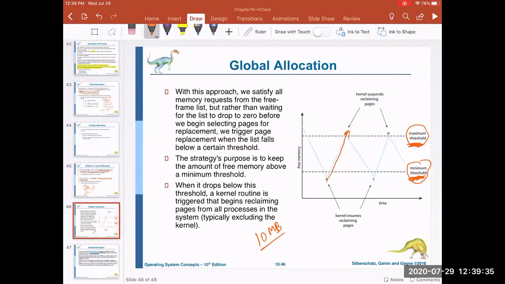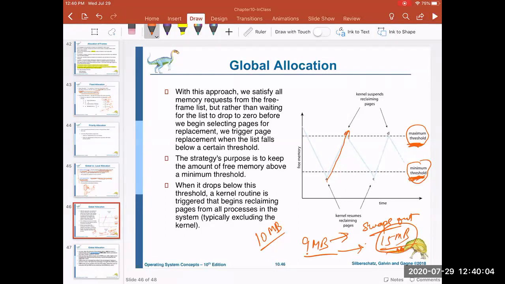My processes are running and the free space becomes 9 MB, so the kernel would start the swap out process. It keeps doing that till it reaches the maximum threshold, let's say 15 MB, swapping frames to the secondary storage.